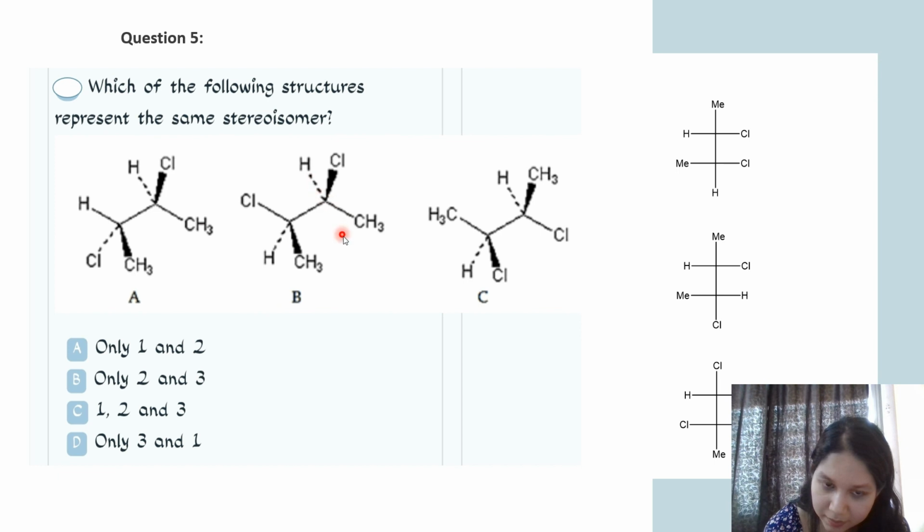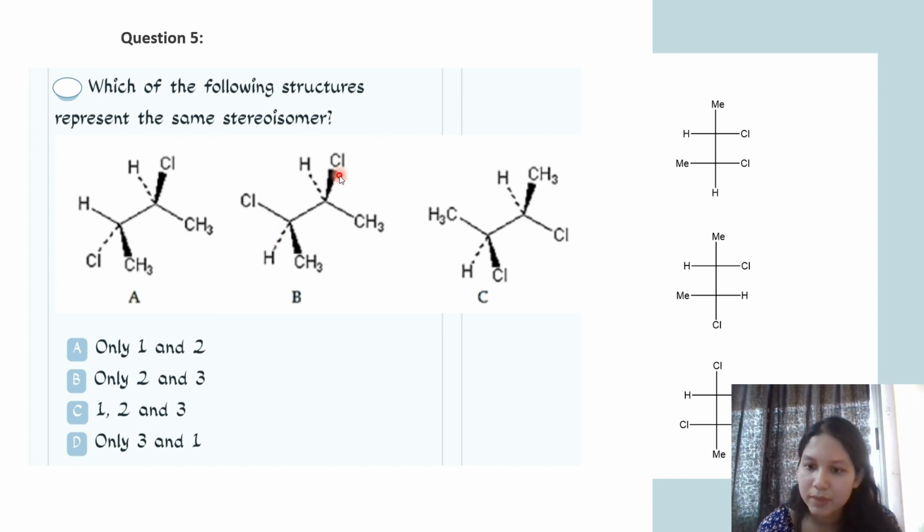So this will be above the plane by rotating 180 degrees, and this hydrogen and methyl will be in the same direction. Similarly, this hydrogen and this chlorine will be in the same direction after rotating by 180 degrees. So B can be written here. Similarly, if we convert C to its Fischer projection, this can be written as this one.